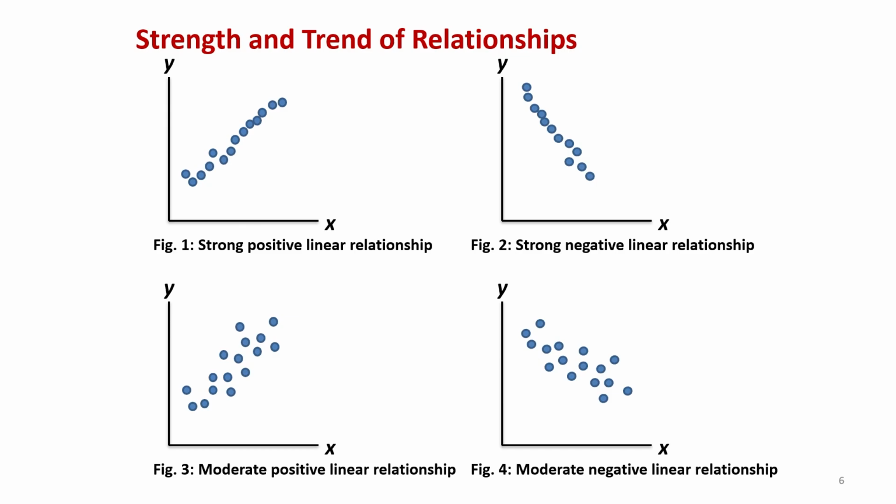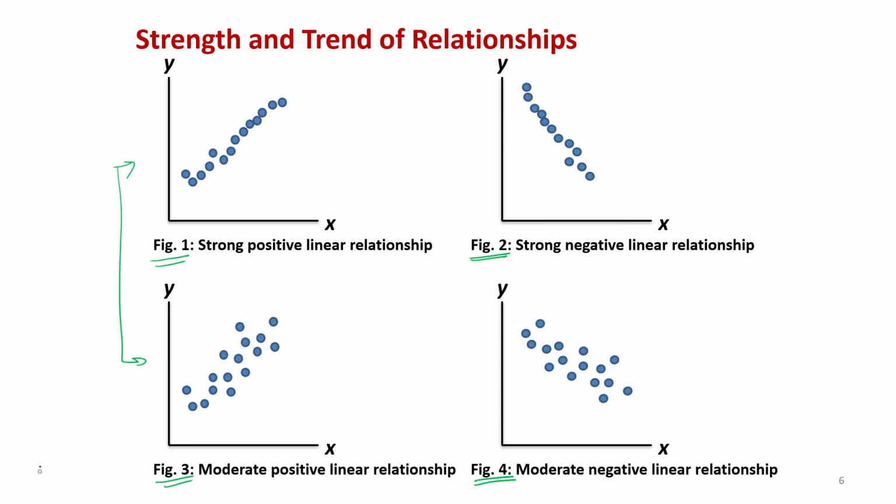If I divide this type of relationship into broad categories, say increasing and decreasing, let me call this figure number 1, this figure number 2, this figure number 3, and I have figure number 4. From these figures we try to understand. First look at figure number 1 and 3, right.